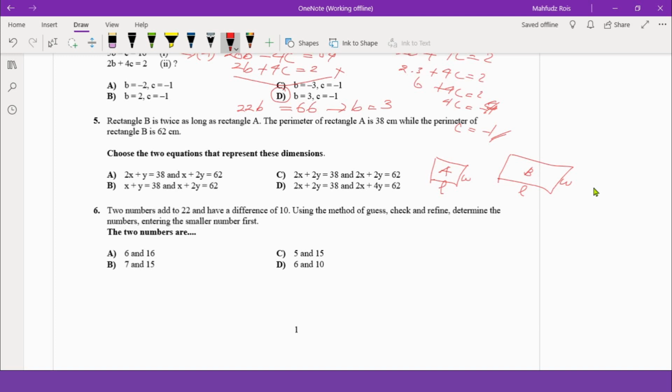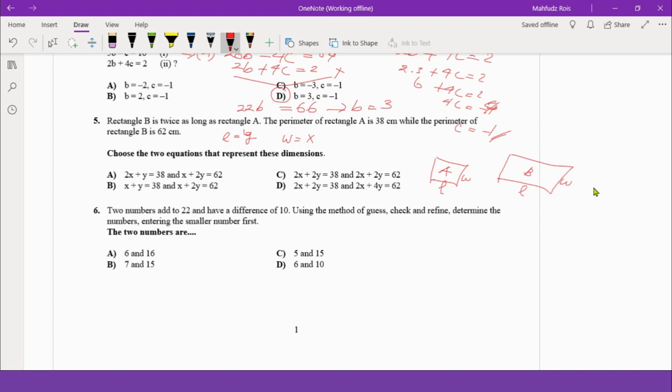So if we represent the length L by y, and the width by x, it will be like this.